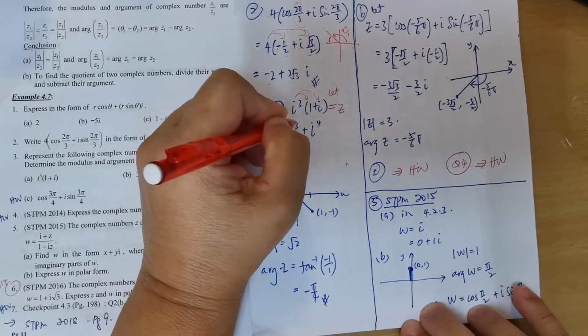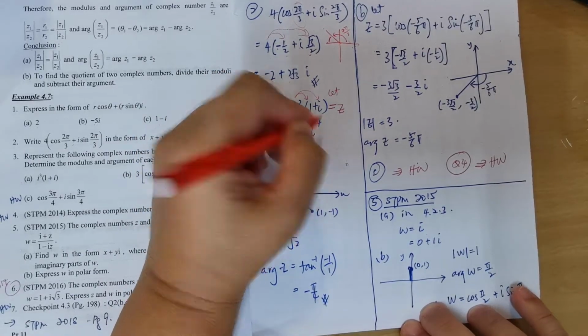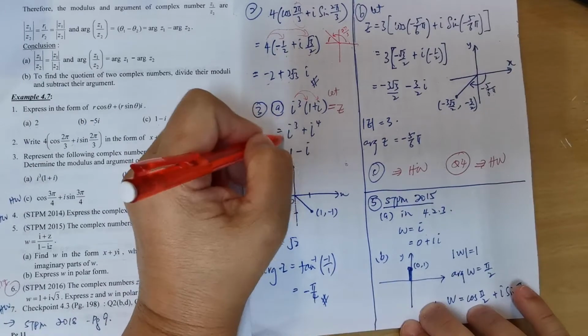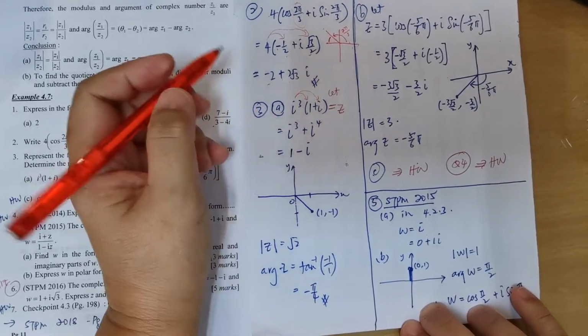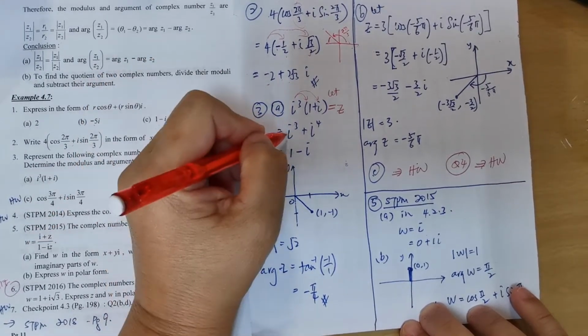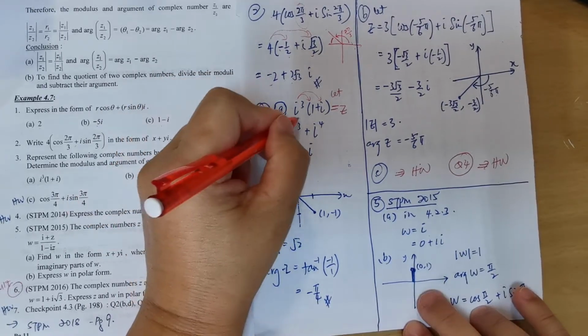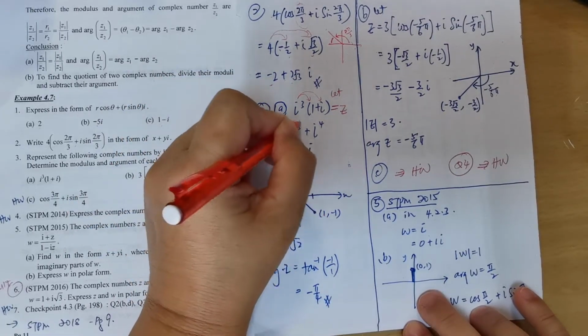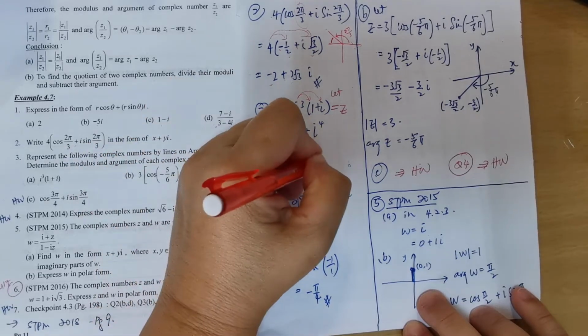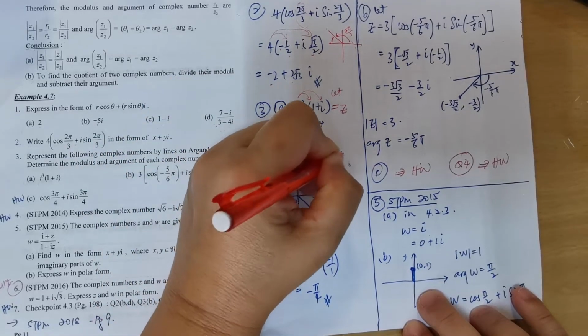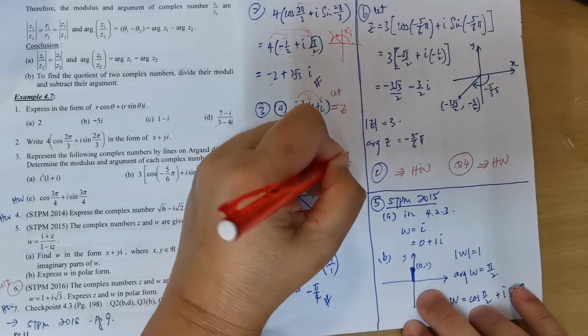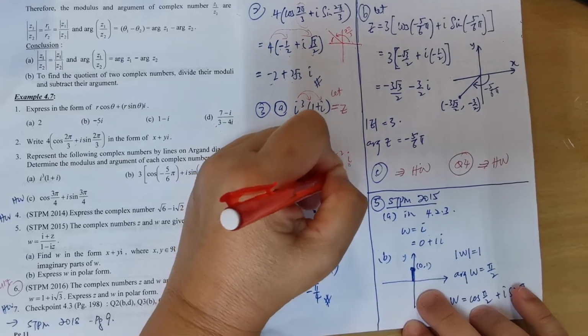Expand it, it becomes i power 3 plus i power 4. Still remember i power 3? I power 3 is negative i. I power 3 is i power 2 multiplied by i. So i square is negative 1, remember?